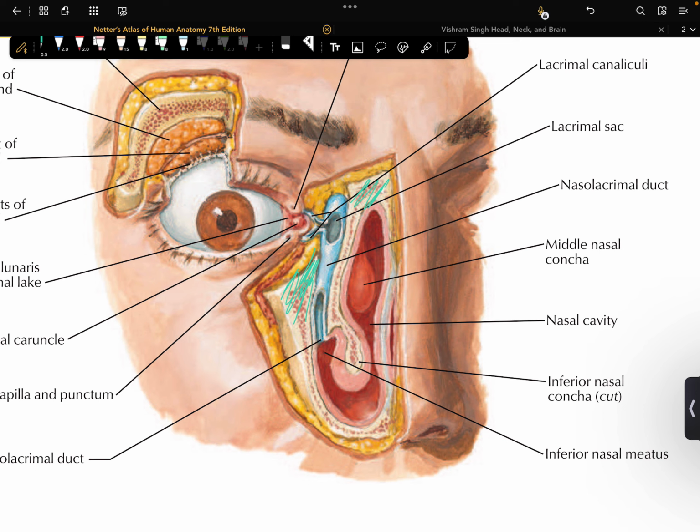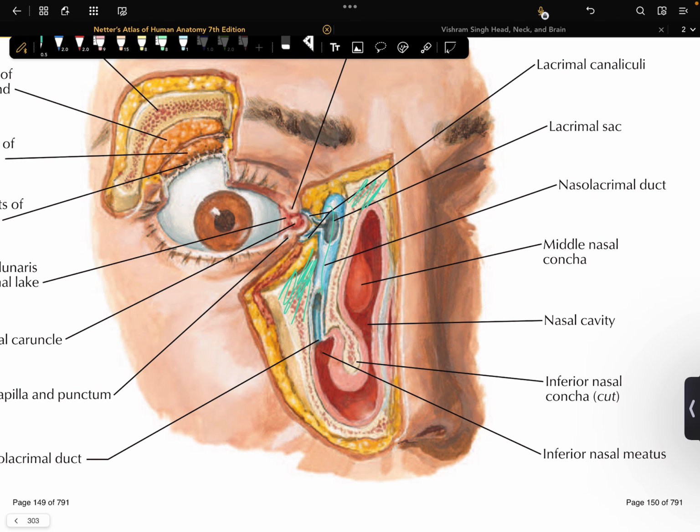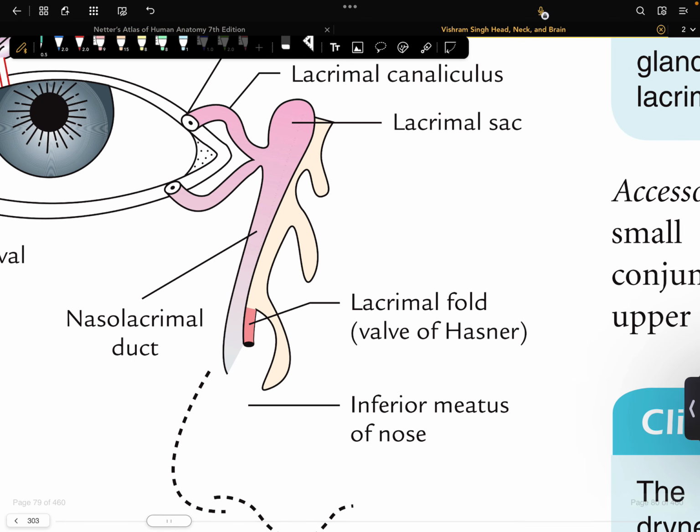And it descends downward as the nasolacrimal duct, and at the downward portion there is an incomplete mucous fold, called the lacrimal fold, the valve of Hasner.